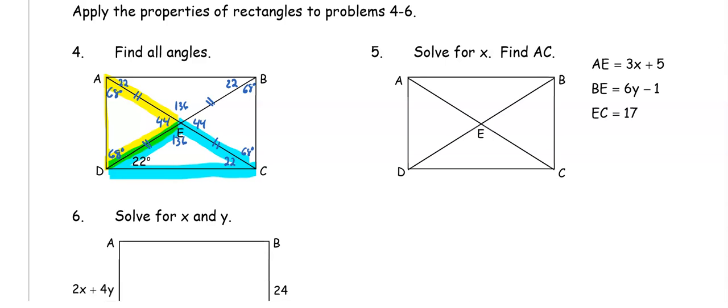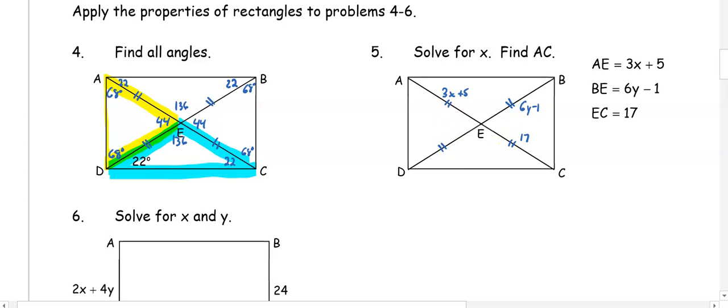In number 5, we want to solve for x and we want to find AC. So AE is 3x plus 5, BE is 6y minus 1, and EC is 17. Remember we said that the diagonals bisect each other? We also said that the diagonals are congruent to each other, which means all 4 pieces are congruent.